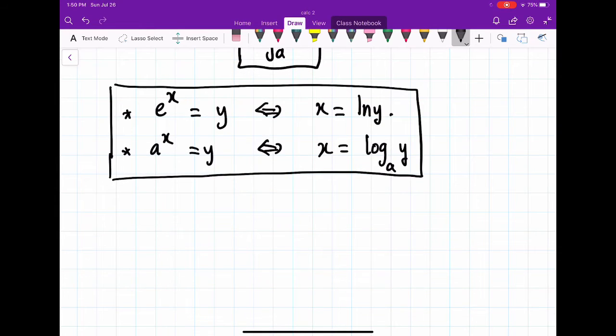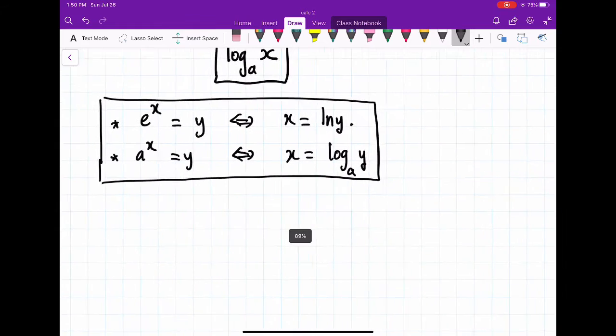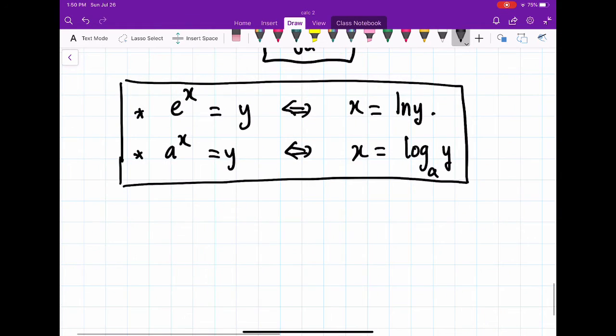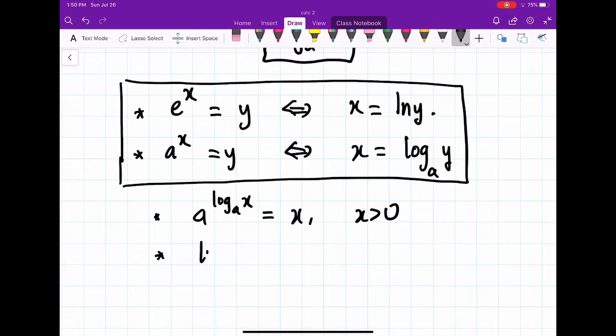And from here, similar to the case of the natural exponential function, the logarithmic function to the base a also has some very good properties, like a to the log base a of x equal to x, if x is greater than 0, and another one is log base a of a to the x, which is also equal to x.